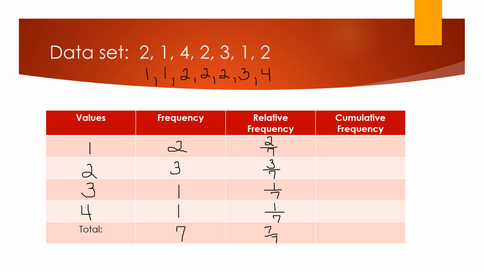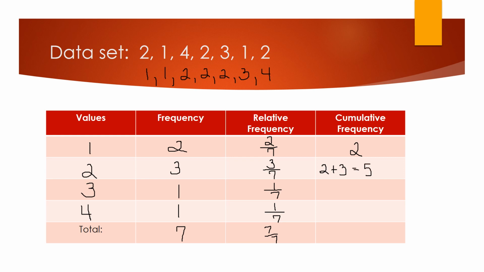Cumulative frequency is just the running total of the number of values. So your cumulative frequency for your first value will be equal to its frequency. There are 2 values. Now, for the cumulative frequency for the value of 2, we want to know how many values in our data list are 2 or less. So that means we're going to take the 2 1s, the 3 2s, so our frequency is 5.